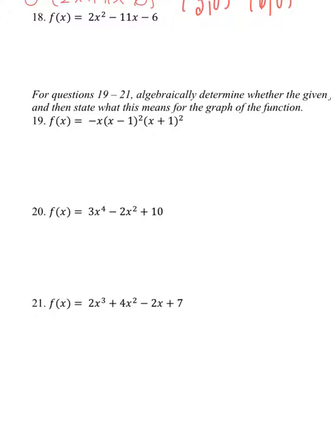And then for my y-intercepts, again, y-intercepts are a bit easier. For my y-intercept here, that's where x equals 0. So this is y equals 2 times 0 squared is 0, minus 11 times 0 is 0, minus 6. So y equals negative 6, so this point is 0 comma negative 6. And then my multiplicity. So at x equals negative 1/2, that root came from 2x plus 1 to the first power, so that's odd multiplicity.